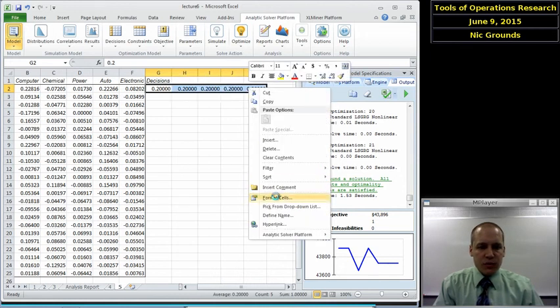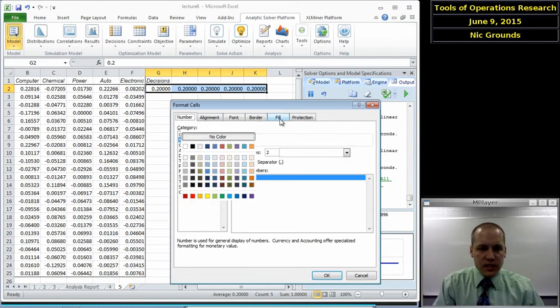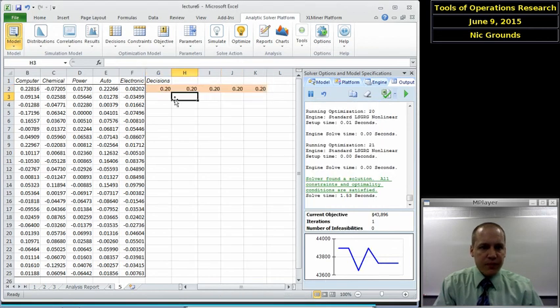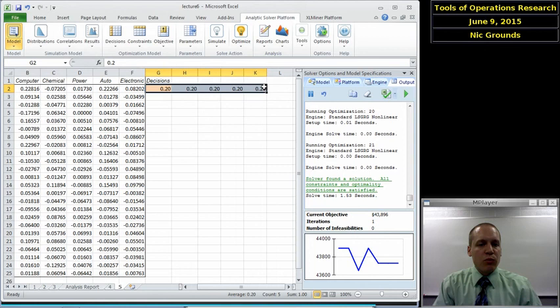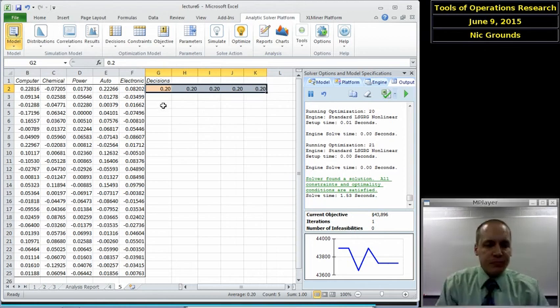Let's format those as numbers with 2 decimal places. Those are our decision variables. So that's our mix: I want to invest 20% of my money in computers, 20% in chemical investments, 20% in power, 20% in automotive. This is what we want to decide, what proportion to invest in each one.